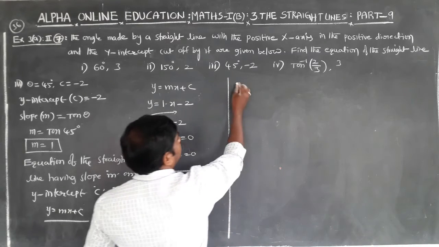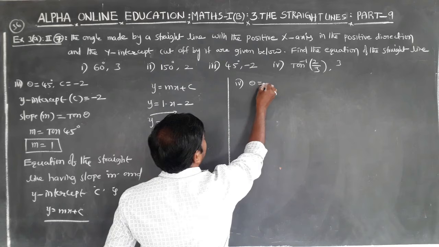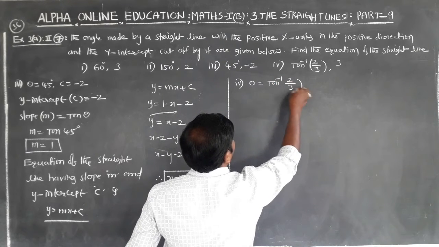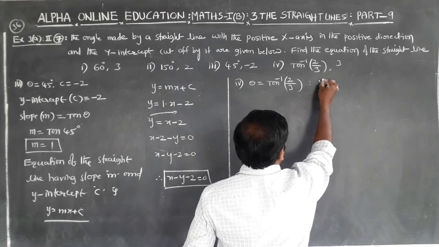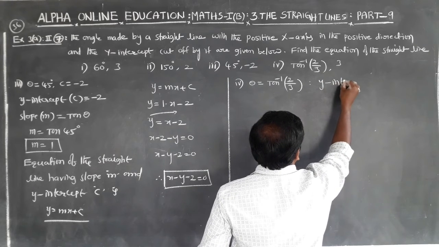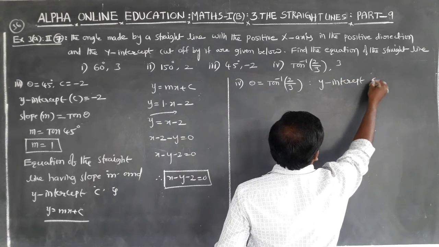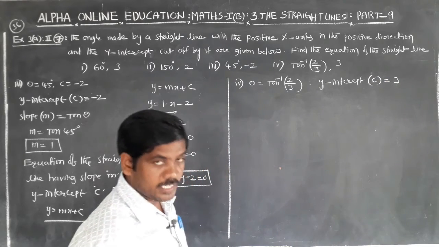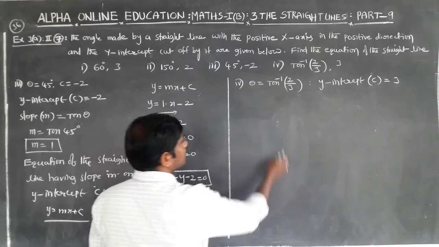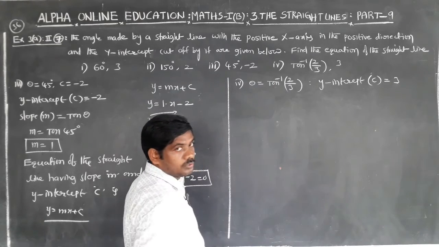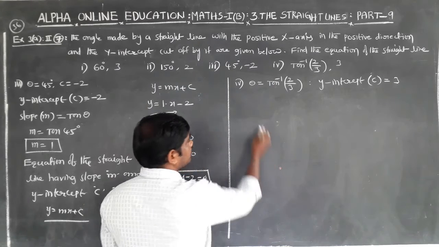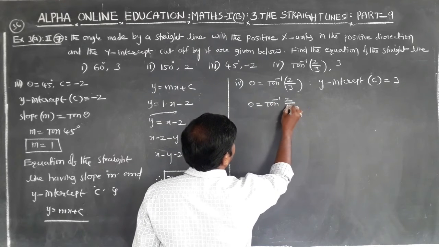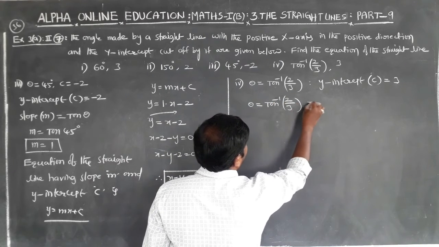Next, fourth one, angle theta is equal to tan inverse of 2 by 3 and y-intercept C is equal to 3. Here theta is equal to tan inverse of 2 by 3.